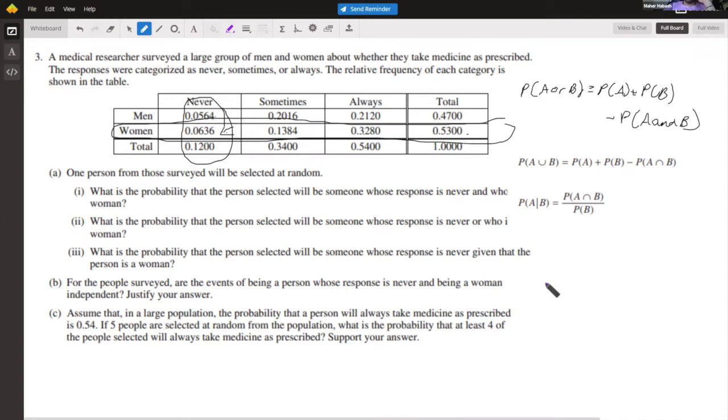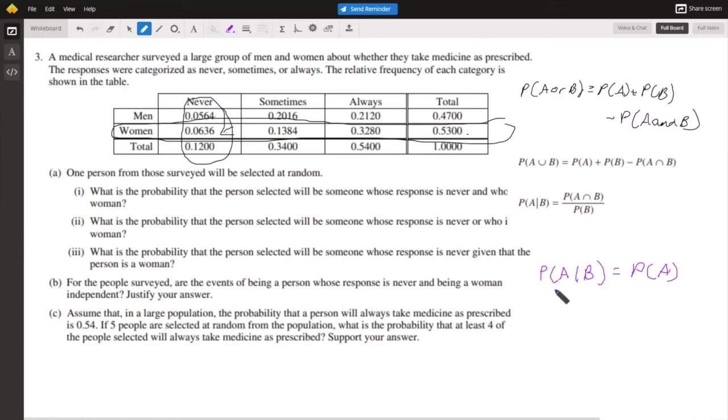In order for independence, the probability of A given B must be the probability of A anyways. If it were independent, B should have no effect on the probability of A. Are you guys still with me there?